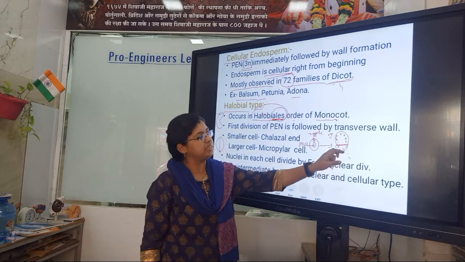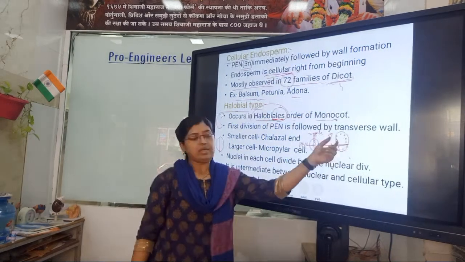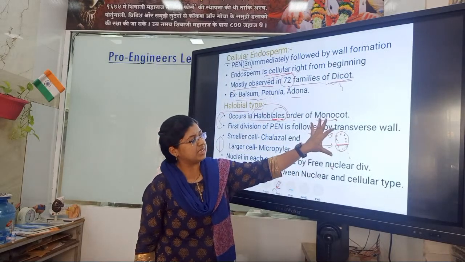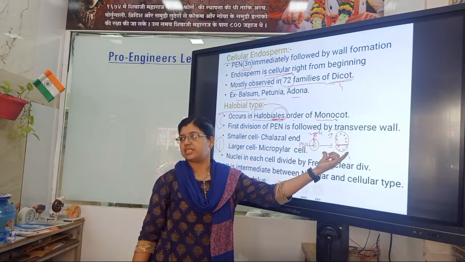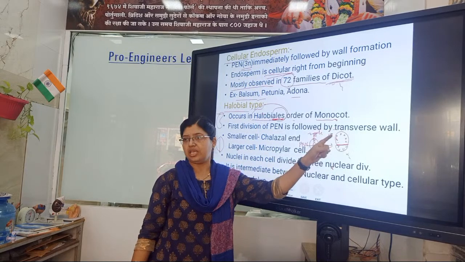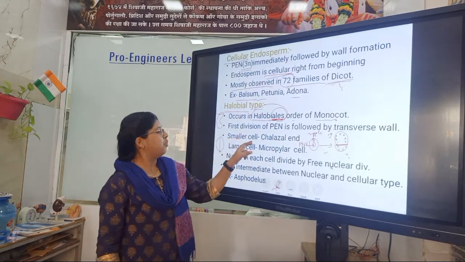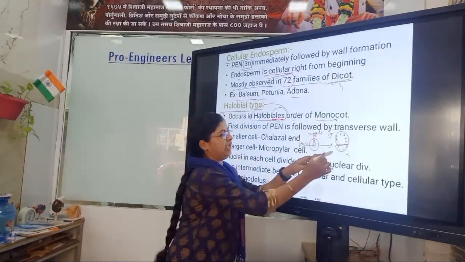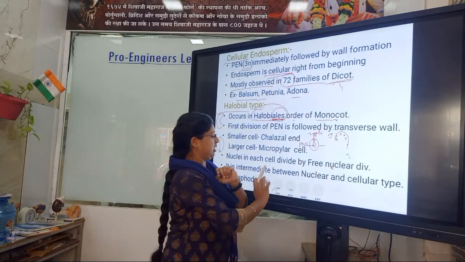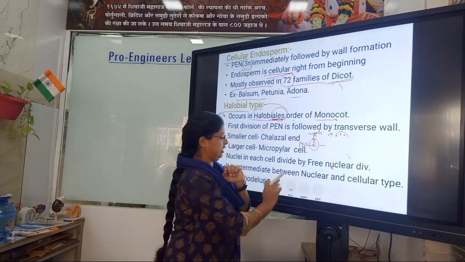Then this cell divides unequally, meaning the smaller cell is at the chalazal end.